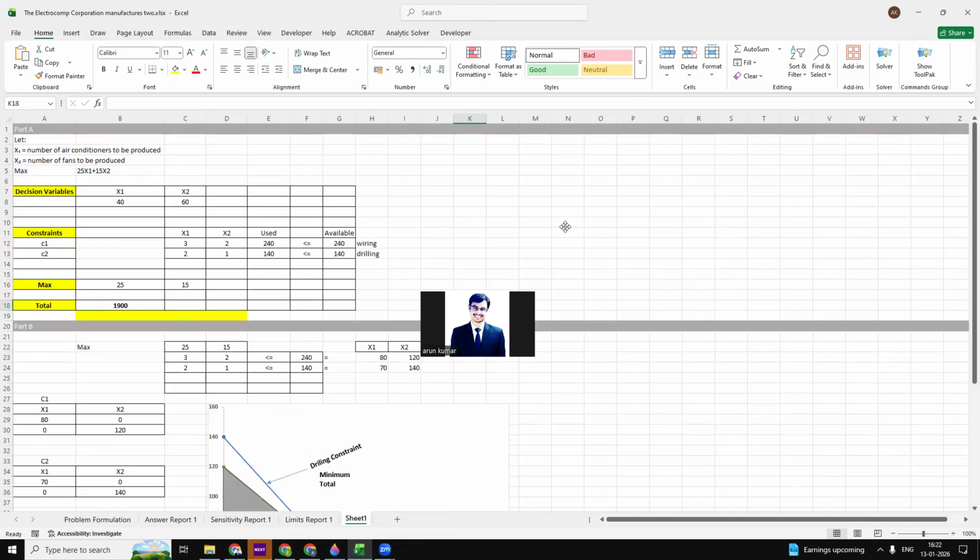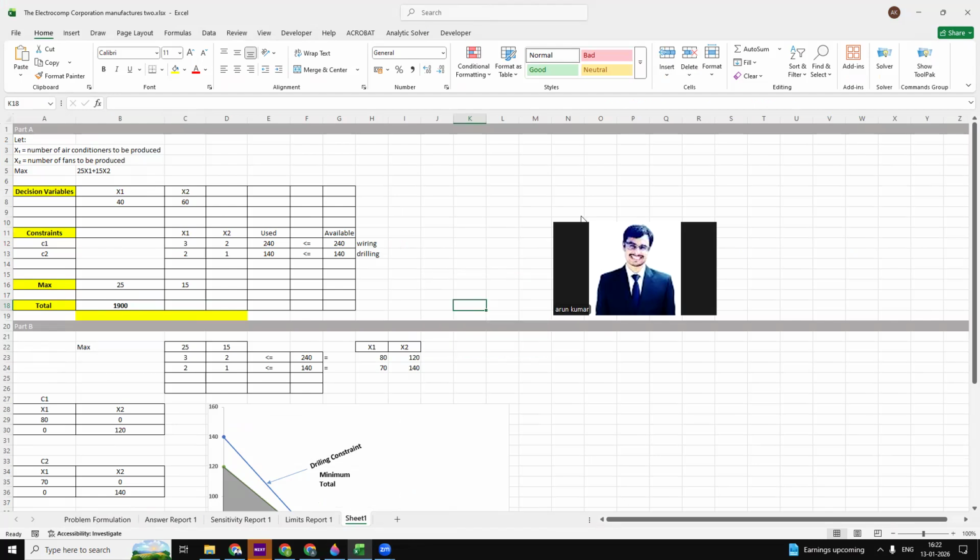So this is my solver, x1 and x2, and this one is my solver setup, where row number 8 is the decision variables, and rows number 12 and 13 are the constraints. This one is wiring and this one is drilling. Then my answer is 1900 using Excel formulas and solver.